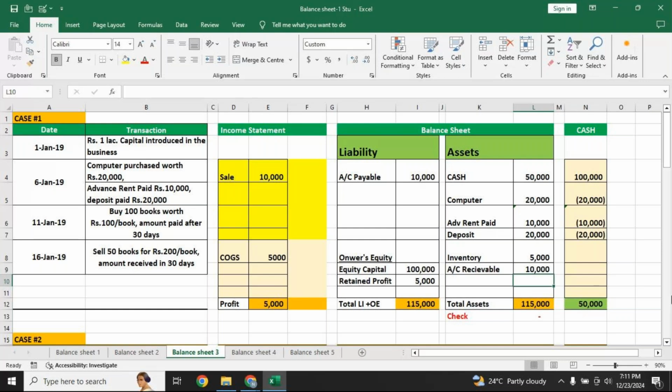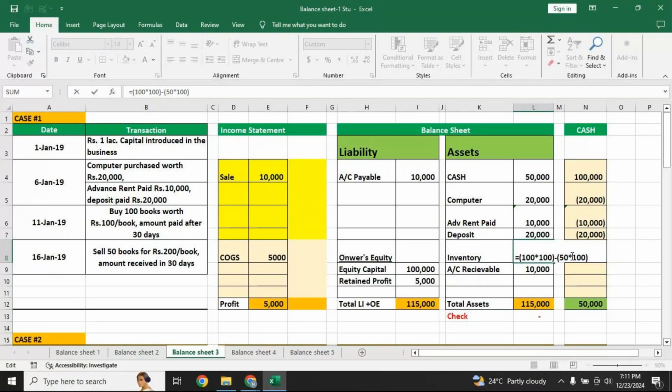Ma'am, will you please explain this inventory part once again? Inventory part. So inventory means what I have bought after the sales, what is remaining with me. That is the inventory. Okay. So here I am telling that first I bought the books, 100 books I bought at the rate of 100 rupees. Okay. Minus in that 100 books I have sold 50 books. So what is the cost that is incurred to buy those books? 100 rupees.